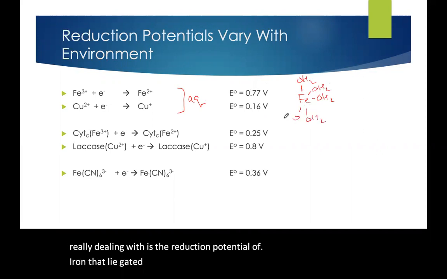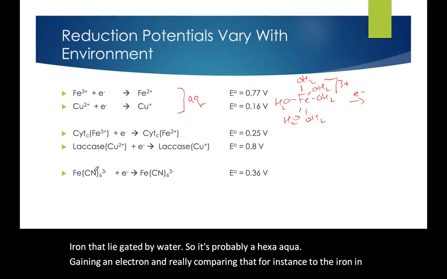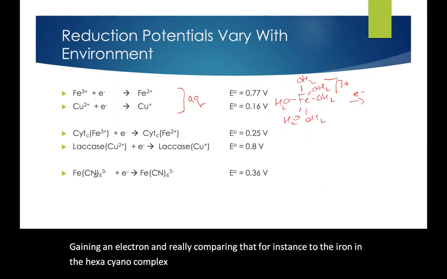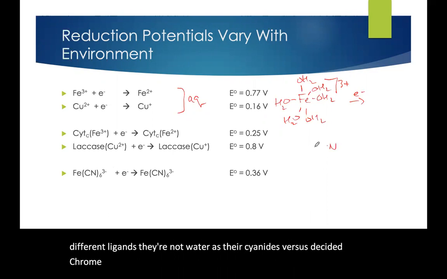So it's probably a hexa-aqua complex gaining an electron. And we're really comparing that, for instance, to the iron in the hexacyano complex, which is a 3- overall charge and all these different ligands. They're not waters, they're cyanides. Versus the cytochrome, and cytochrome has a heme ligand.